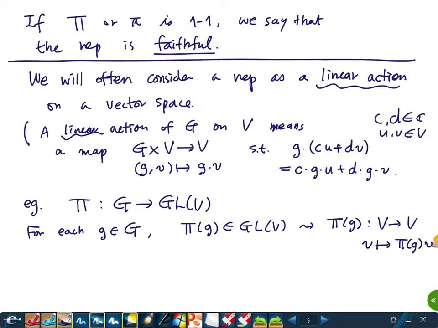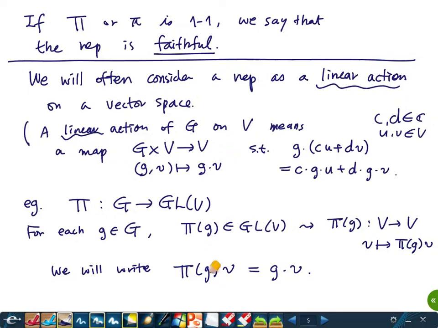But we will think of this as an action. We will write G dot V instead of pi of G of V, because it's simpler. We don't have to write capital pi or these parentheses.